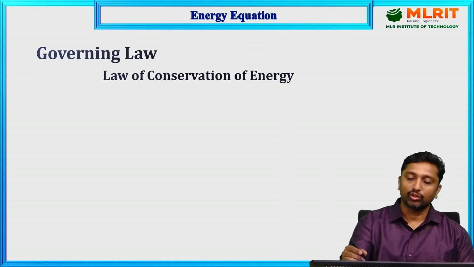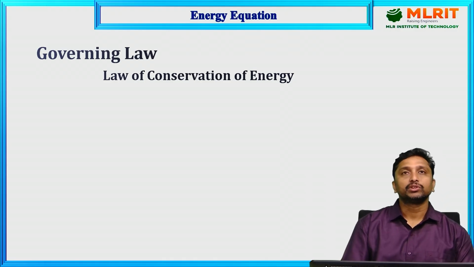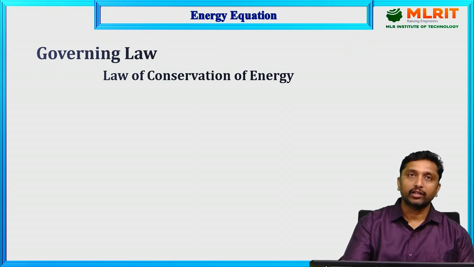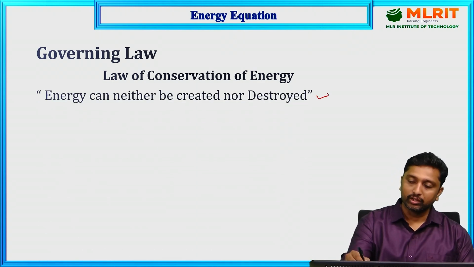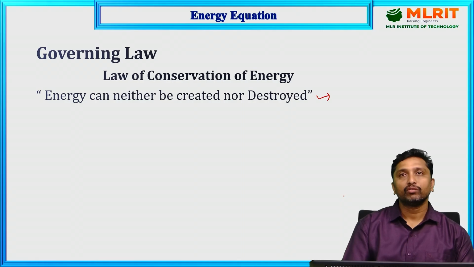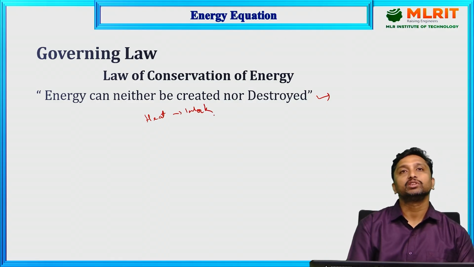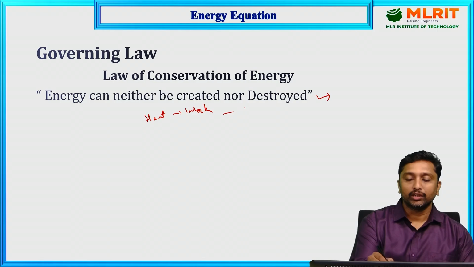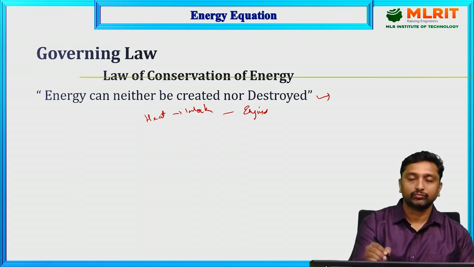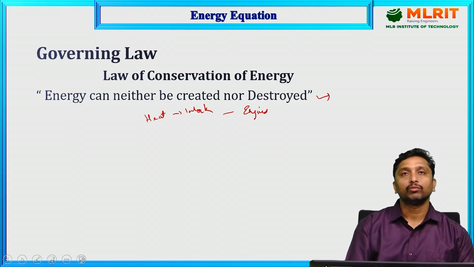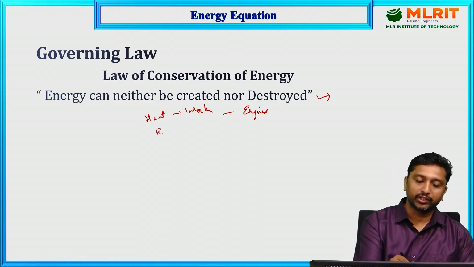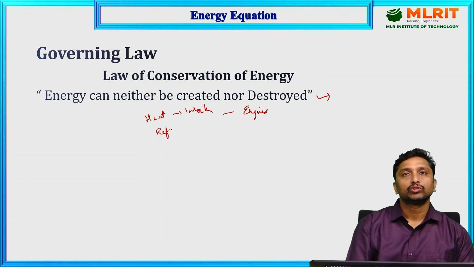Now let us move on to the governing law on which the energy equation is developed. The governing law is the law of conservation of energy, which states that energy can neither be created nor destroyed, but can be converted from one form to another form. For example, heat energy can be converted into work, which we see in most engines, and work can be converted into heat, which we see in refrigerators, and vice versa.